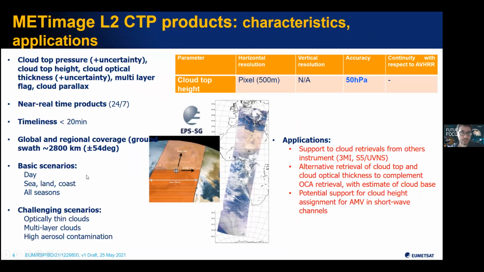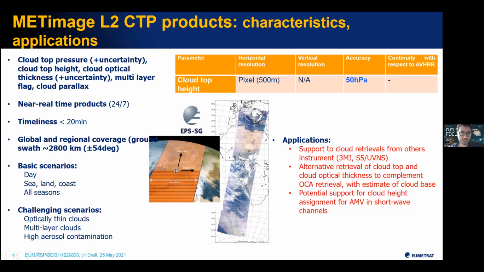The scenarios are over sea, over land, over coast, and all seasons. So there are no limitations apart from it being at daytime. Challenging scenes, and I'm going to show a couple of results later, are clouds that are particularly thin, multi-layer clouds, and where we have a high contamination from aerosol.